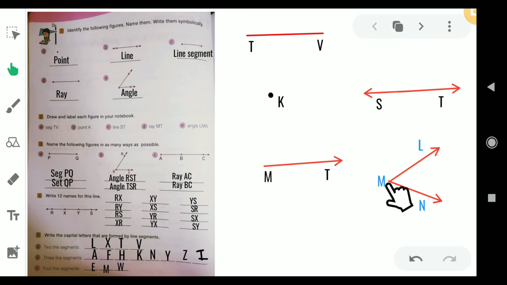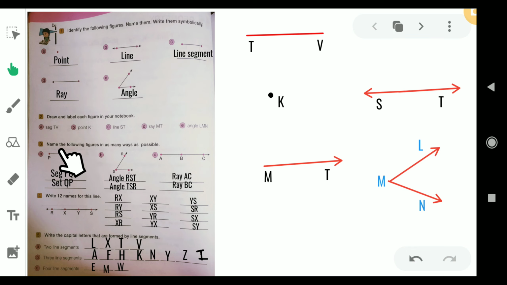We call this common point the vertex, and L is the point taken on this ray, and N is the point taken on this ray, so we can name this angle as angle LMN, or else it can also be read as angle NML. An angle can be read in two ways. The first way is angle LMN, or else NML. We can read this in two ways.